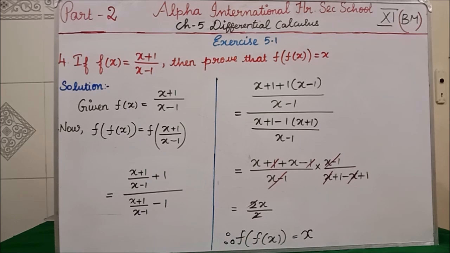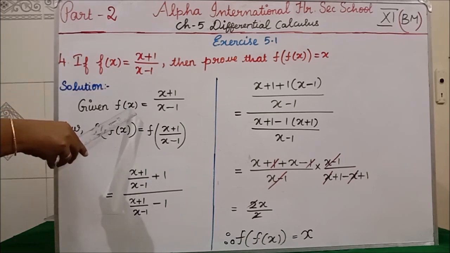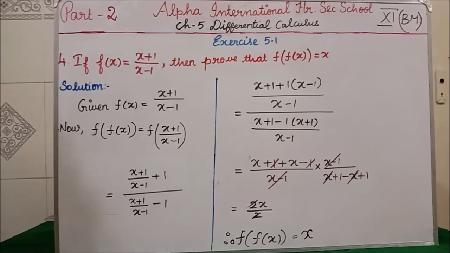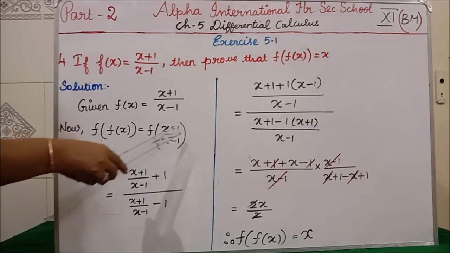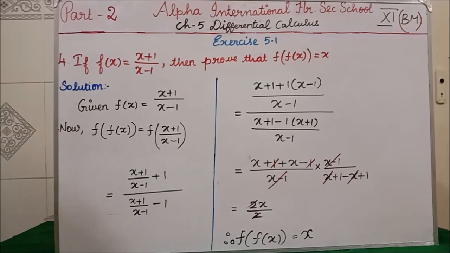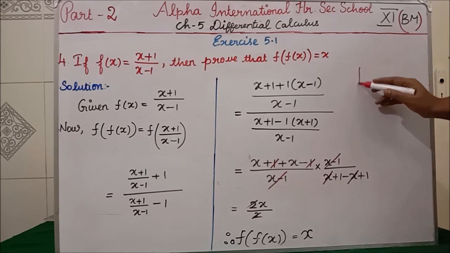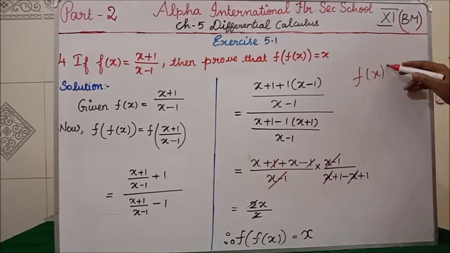Clear? See students, here f of x means here we are having x. Here in f, instead of x what are we having? x plus 1 divided by x minus 1 we are having. Okay, I will tell you with the explanation now. f of x is equal to x plus 1 divided by x minus 1.